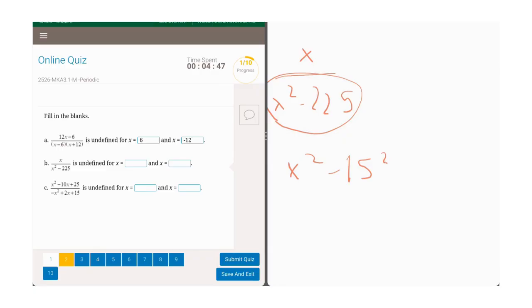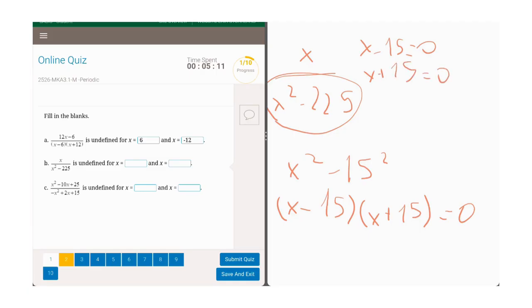So we can simplify this into x minus 15 times x plus 15 equals 0 because we want it to be undefined. Again, x minus 15 equals 0 and x plus 15 equals 0. Move negative 15 to the other side, we get x equals 15. We can move 15 to the other side, we get x equals negative 15.